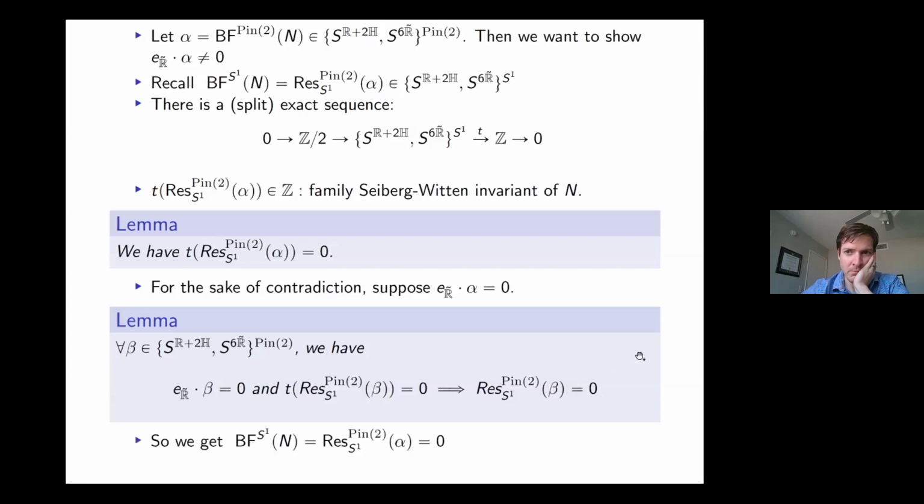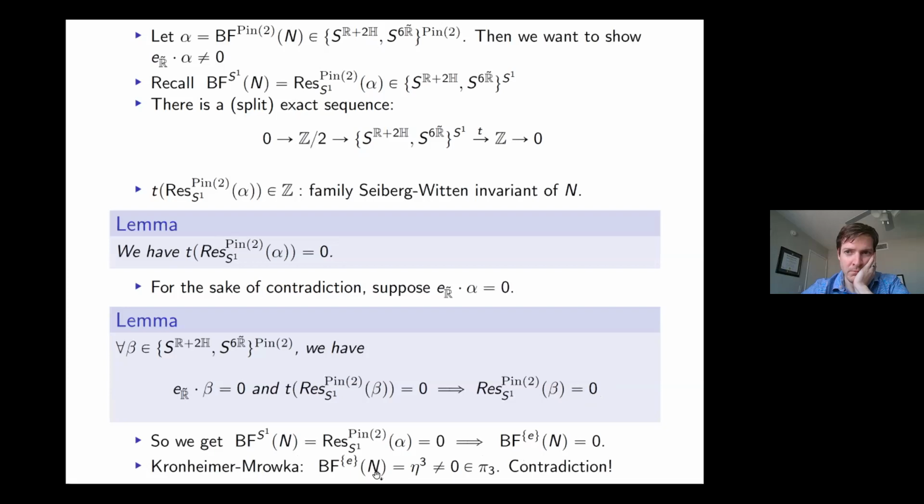If we apply this lemma to the Pin2 equivariant Bauer-Furuta invariant, we see that the S1 equivariant Bauer-Furuta invariant of this family N is just trivial. In particular, that implies the non-equivariant Bauer-Furuta invariant of this bundle is also trivial.